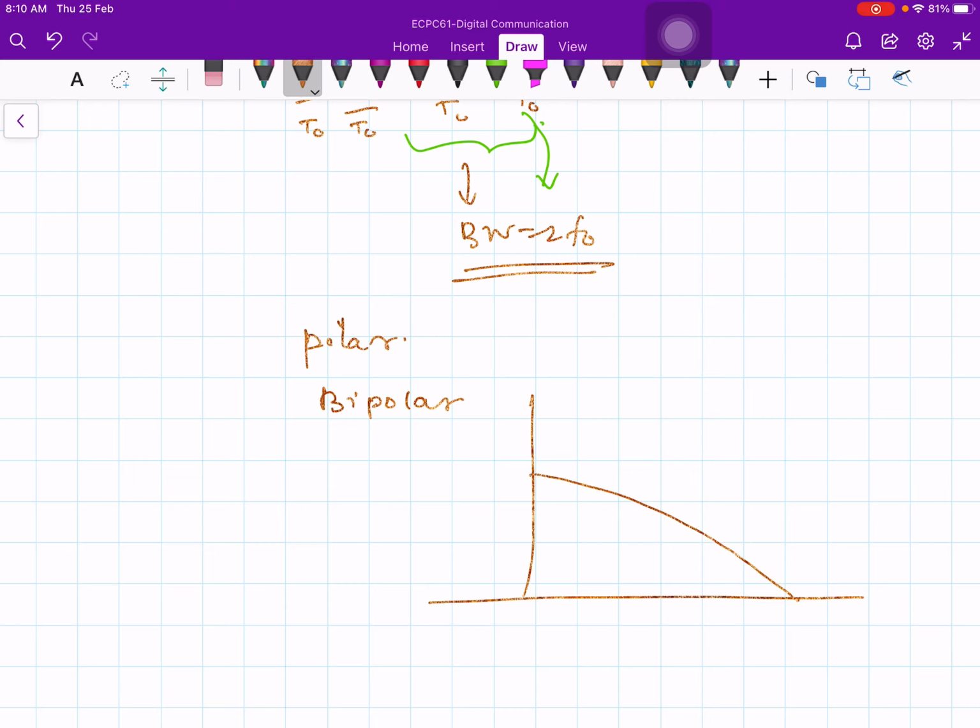This is my polar, and this point is 4 pi by capital T0, and this is my frequency. This is the spectrum Sy of omega.